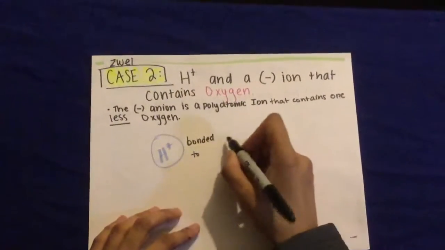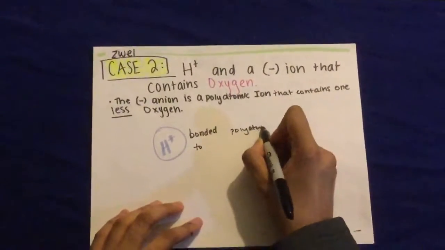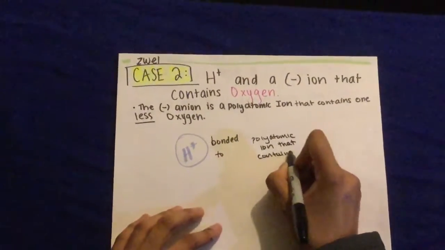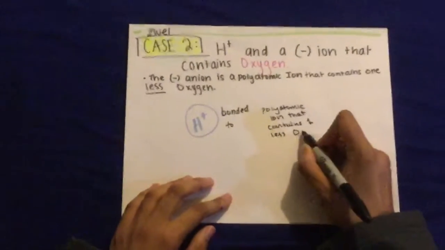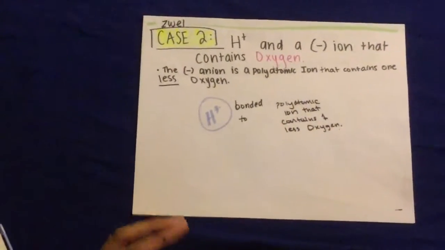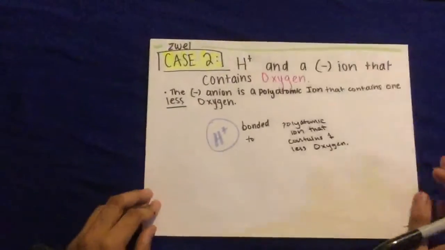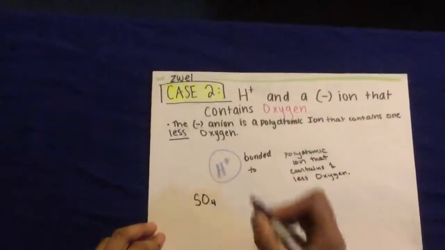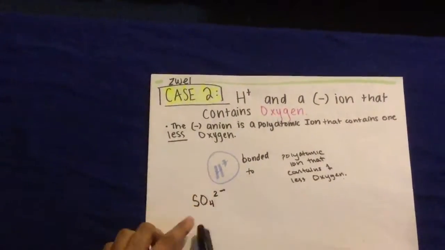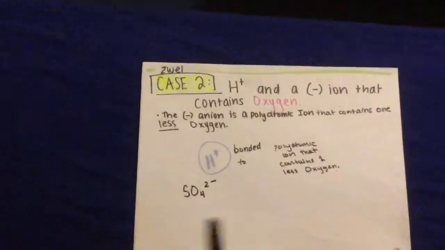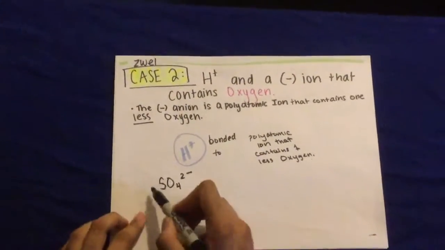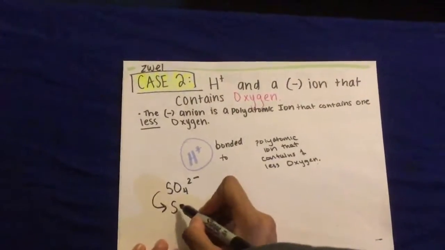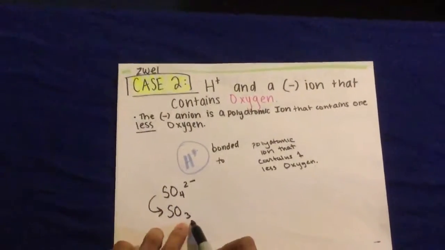For example, the polyatomic ion sulfate has a charge of -2. But there's also another polyatomic ion that looks incredibly similar to this one, and it's called sulfite. It just has one less oxygen than sulfate.